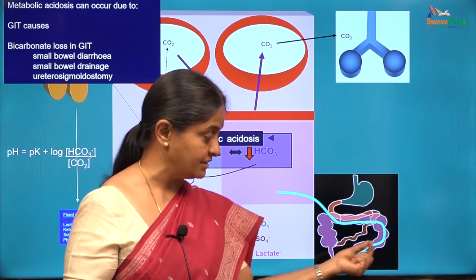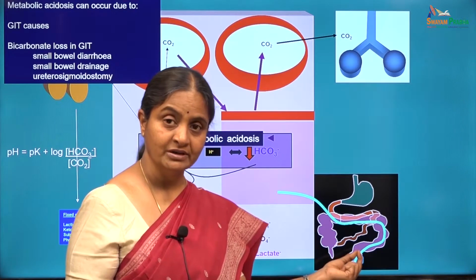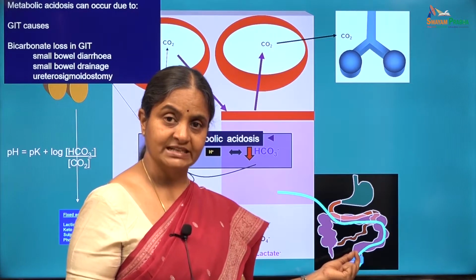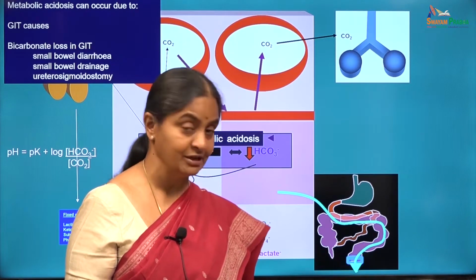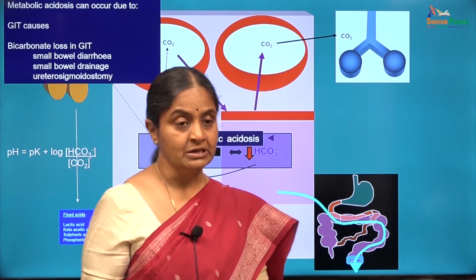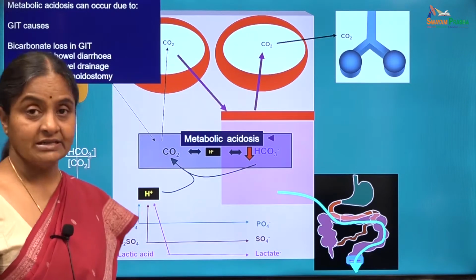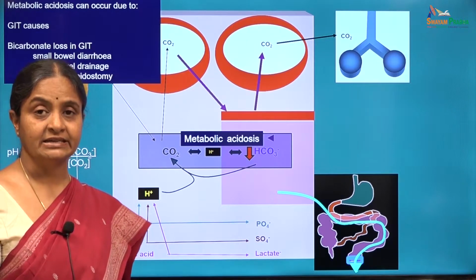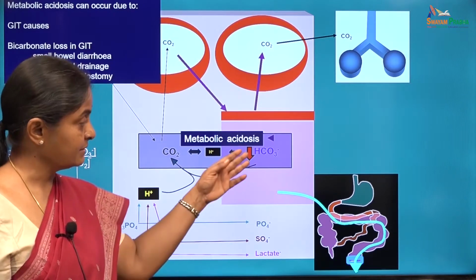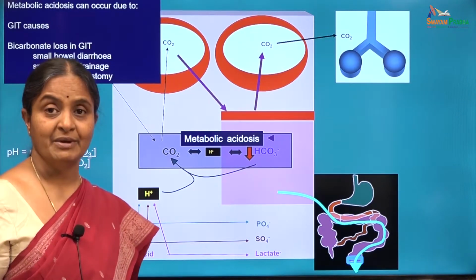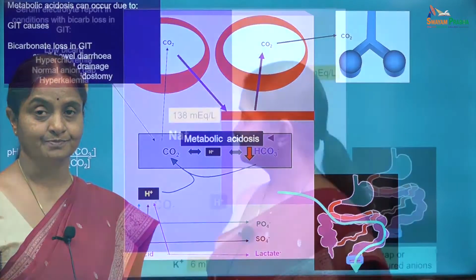An excess of chlorides come into the sigmoid colon, and that chloride will set up a bicarbonate exchange. The chloride will get absorbed and bicarbonate will be lost in the stools. So these conditions are examples of intestinal states in which there can be loss of base. A reduction in plasma bicarbonate will result therefore.